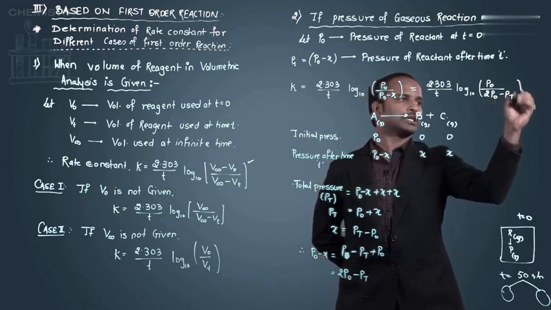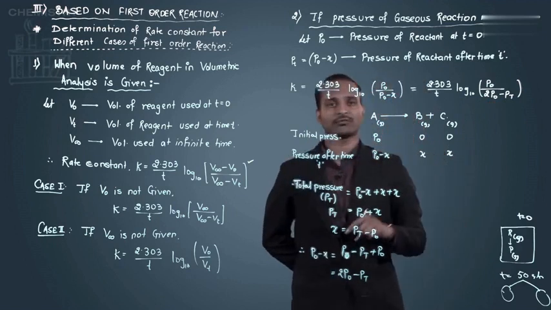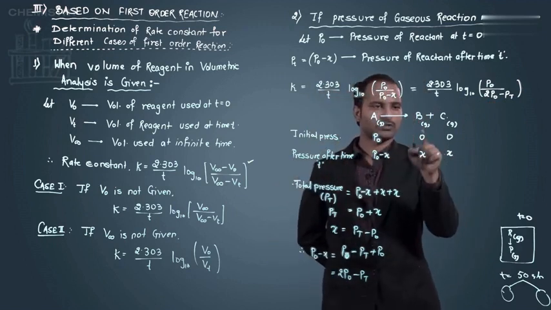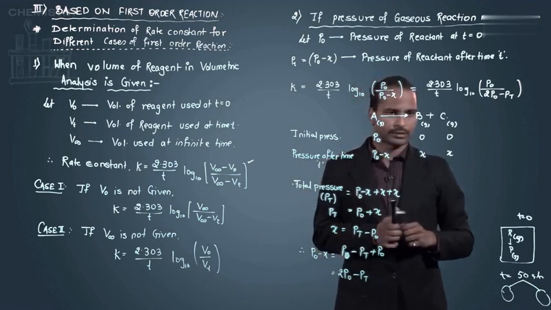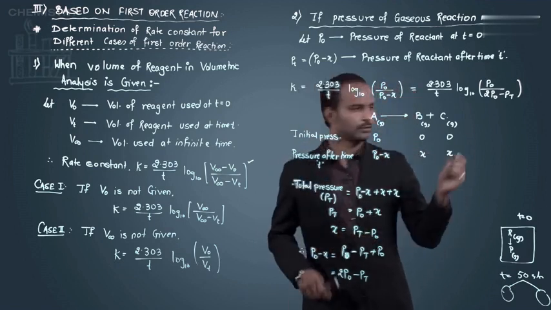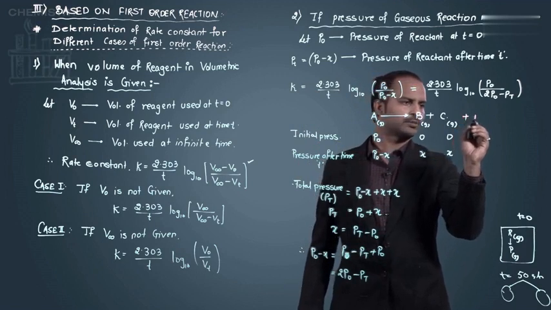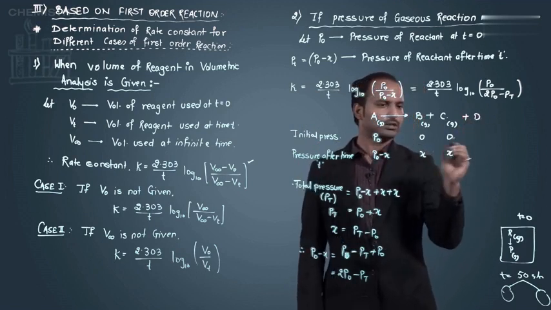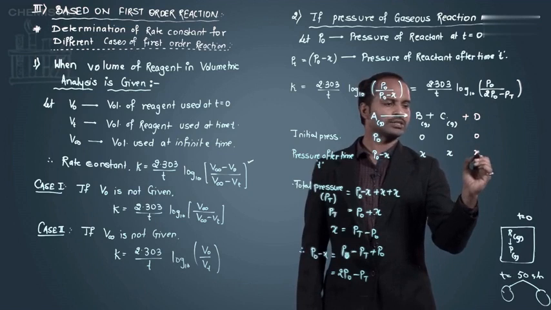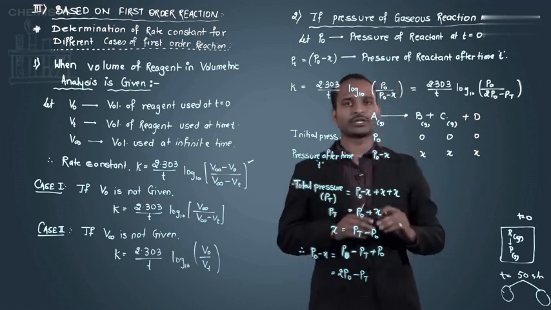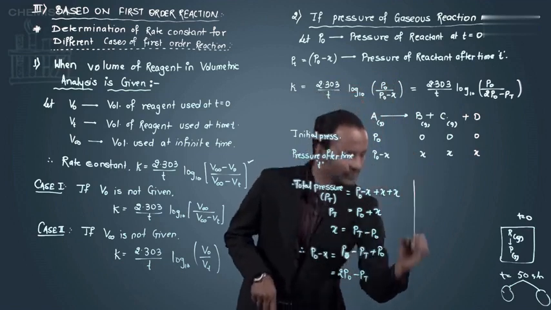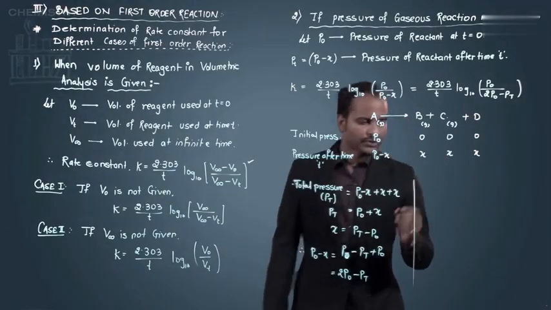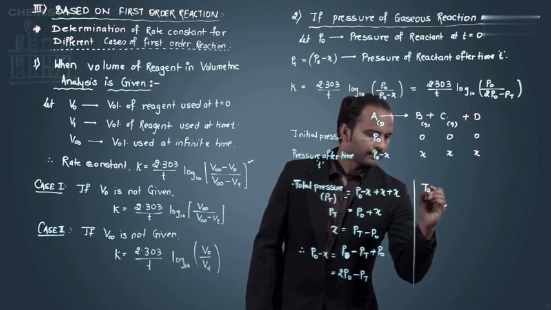Suppose there is one more product forming, instead of two products, suppose there are three products. What will happen if there are three products? So for the time being, suppose a third product is also formed, D. It is also going to be 0 initially and this is going to be X. Now the formula will change depending on one more product forming, so your total pressure will change. What will be the new total pressure?